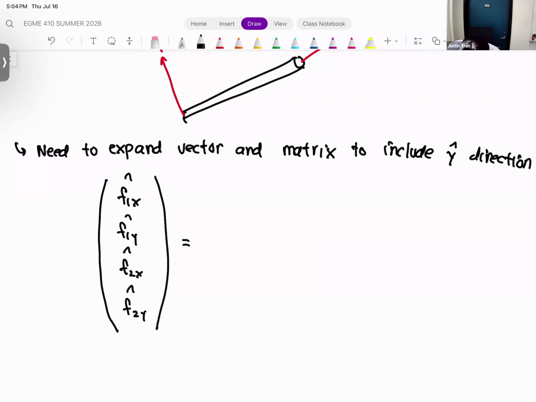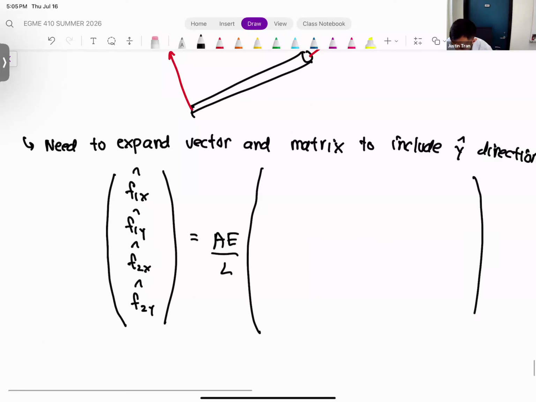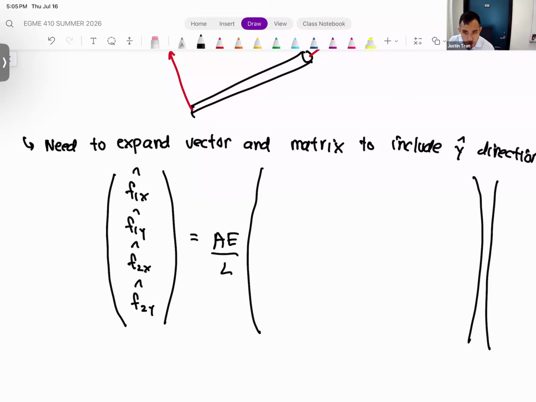This is equal to, we still have AE over L on the right hand side, outside the matrix. Actually, let me put in the deformation vector first. The deformation vector also needs to include that local y direction, so we have D1x hat, D1y hat, D2x hat, D2y hat.